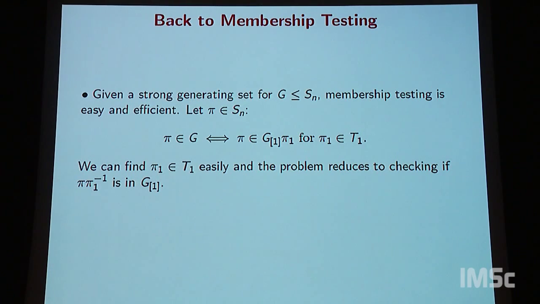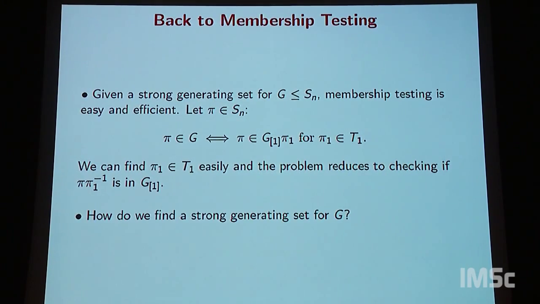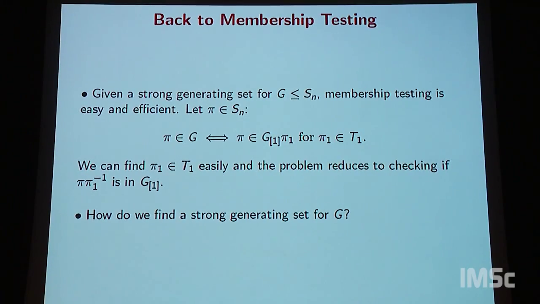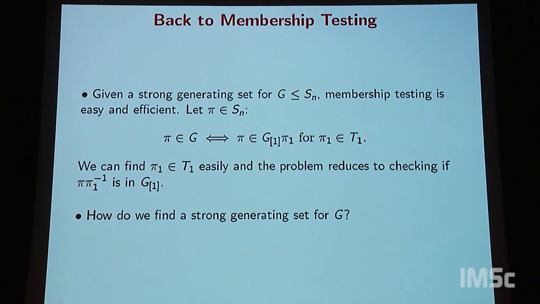So pi does the same thing as pi 1 to the point 1. And then I take pi times pi 1 inverse and recursively do the same thing with G sub 1 and so on. So therefore the question boils down to how do I find a strong generating set for G when it's given by an arbitrary generating set?